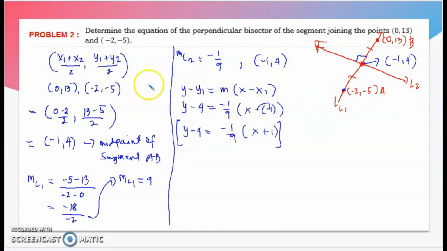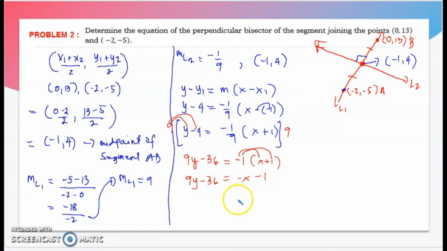So 9 times y is equal to 9y, 9 times -4 is equal to -36, and -1/9 times 9 is equal to -1, times x plus 1. Then use the distributive property. So -1 times x is equal to -x, then -1 times positive 1 is equal to -1, which is equal to 9y minus 36.